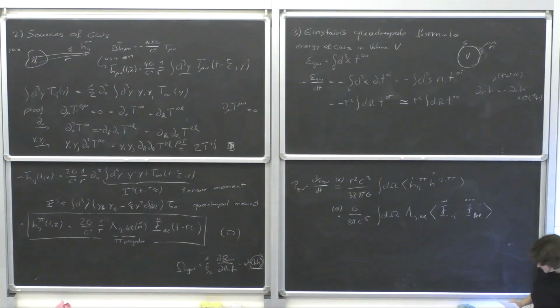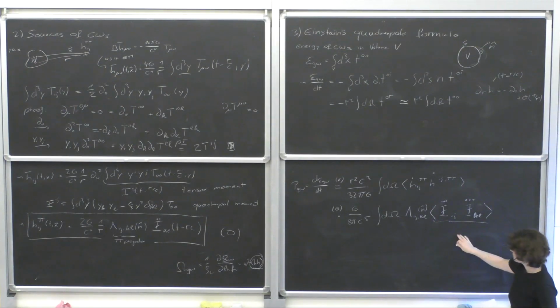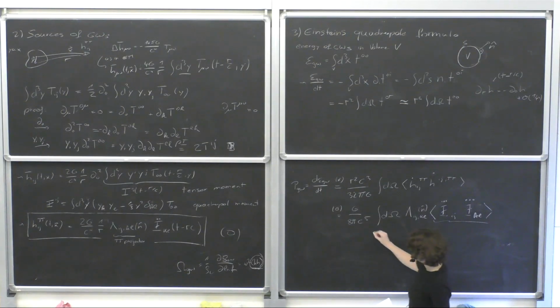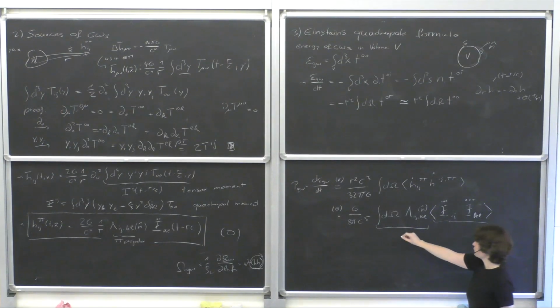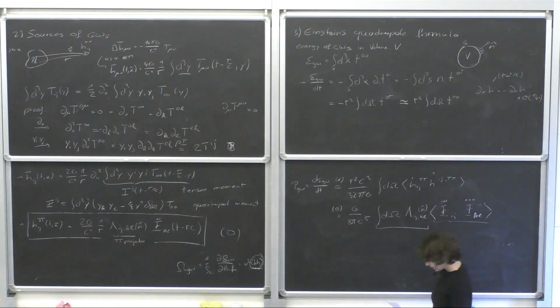And importantly, this thing depends on the direction that we're emitting in, but this thing does not. So this thing does not depend on the omega. So I can take this outside of the integral, and I can perform this integral, which just gives me a series of coefficients and delta functions in these indices. So I can execute the integral.